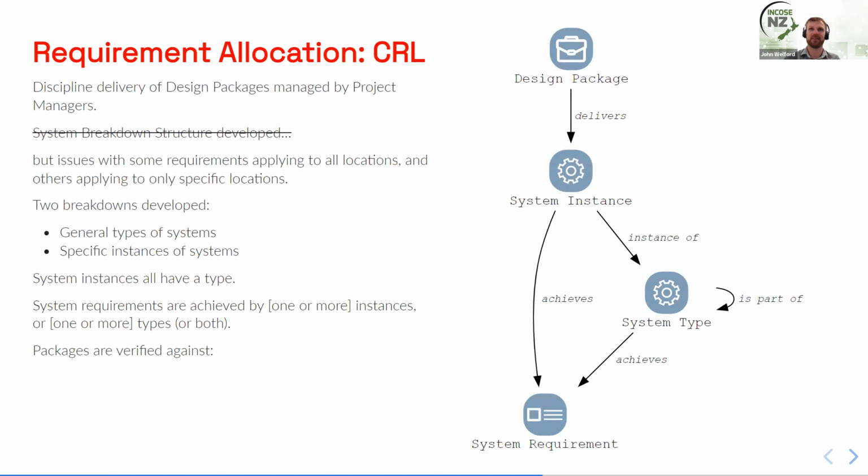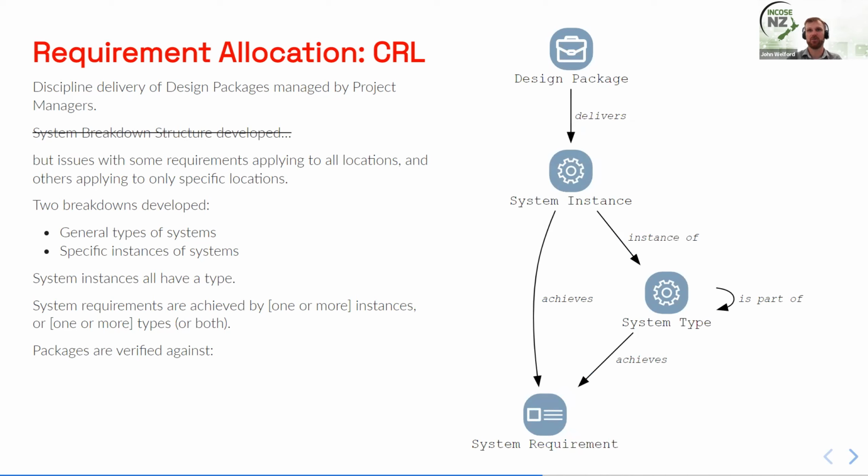What that looks like here is we've got a design package delivering specific instances of systems, and each instance is of a more general type of system. So we've effectively got two system breakdown structures. We only really manage the breakdown in the type structure, but that allows us to link requirements either to a specific instance or to a general type.